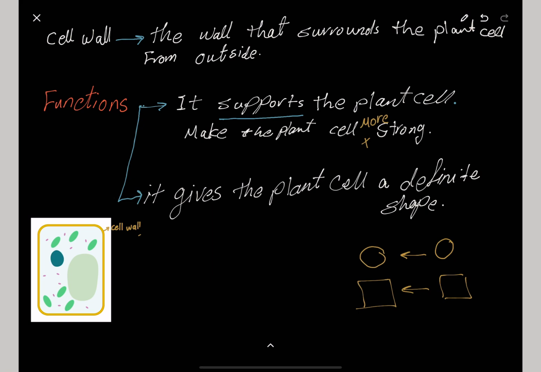So the cell wall is a wall that surrounds the plant cell from outside. Its functions: first, it supports the plant cell, that means to make it stronger. Number two, it gives the plant cell a definite shape.